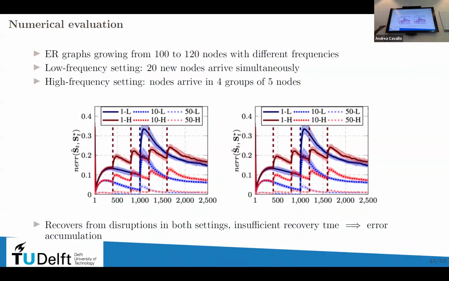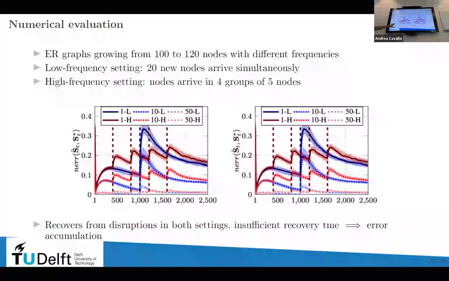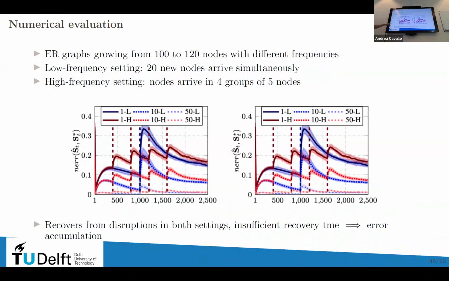So this was just a way to show the two different scenarios. And in this case, I should have, yeah, that's not the right figure on the right side. But I think typically one figure is enough to understand what's happening. So this is the error. You see that it's tracking quite well. Of course, there is a disturbance, but then the errors start going down, and this would mean that the regret would also start to stabilize.